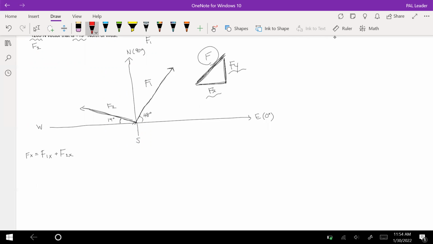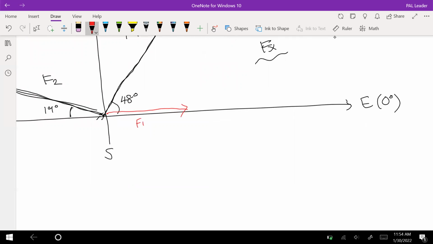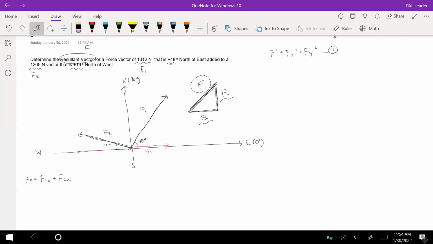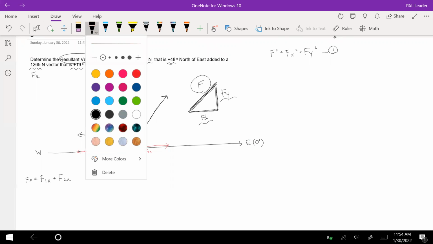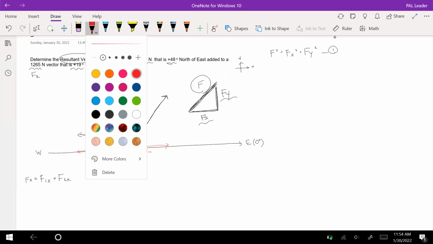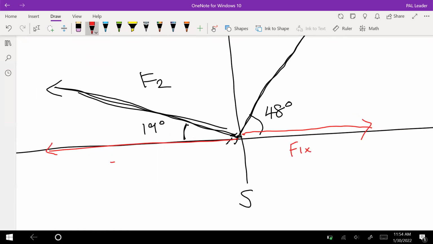The x component of F1 is going to look like this, right? This is going to be F1x. The x component of F2 is going to look like this. And we have to be careful of the direction. It's not very obvious in this question compared to normal xy coordinates, but I'm going to make right positive. So our F2x would be negative, right? Because it's going left, negative F2x.